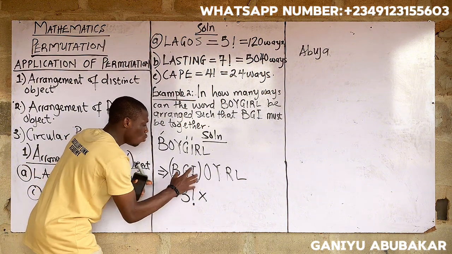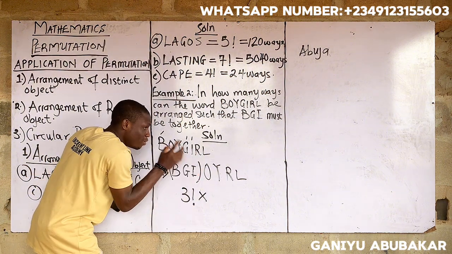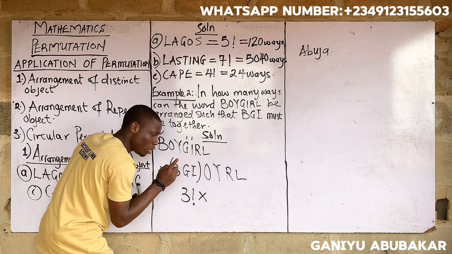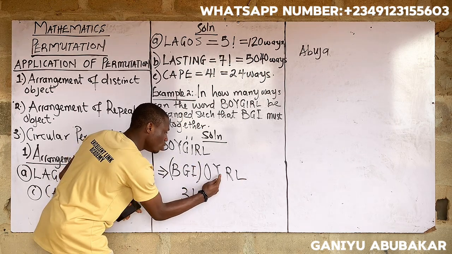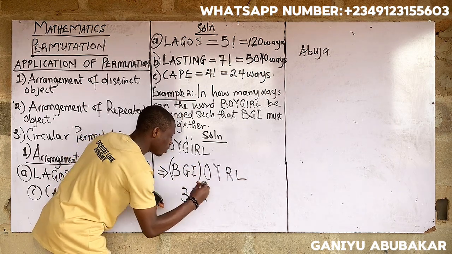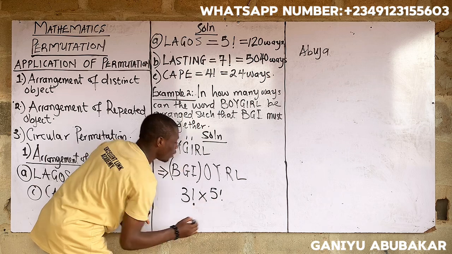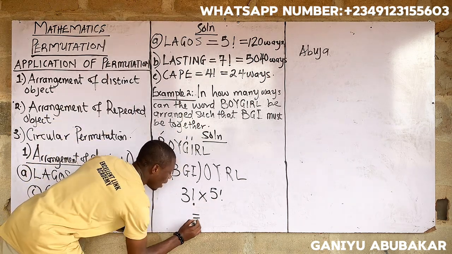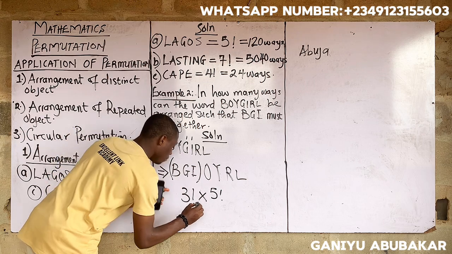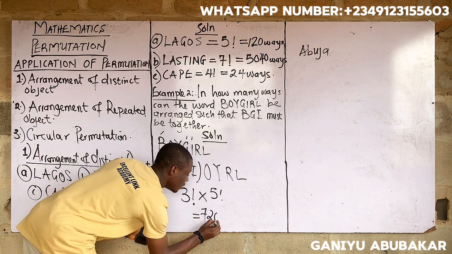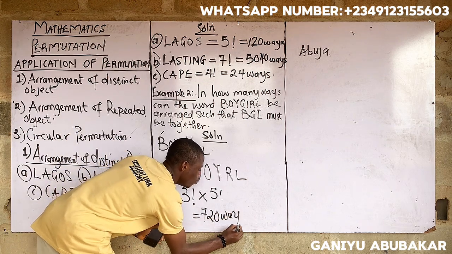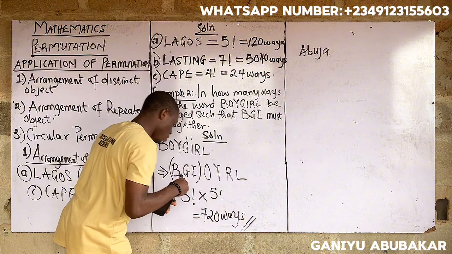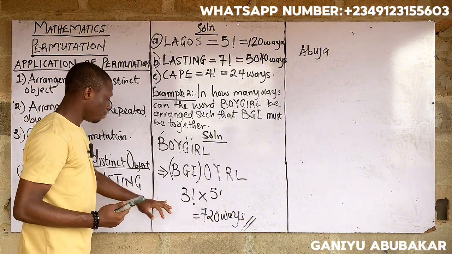When you are done, we will consider everything here as being 1. That becomes 1, 2, 3, 4, 5. That becomes 5 factorial. At this point, if I multiply 3 factorial by 5 factorial, I'll have 720 ways.